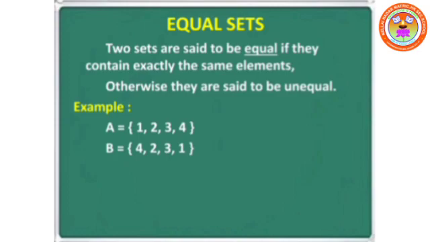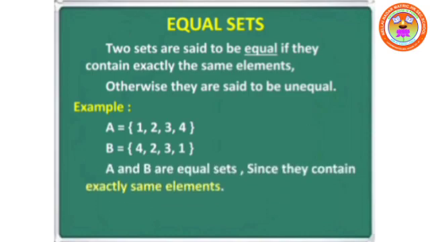See here, the number of elements is equal and the elements are also equal. Only the order changes. Therefore, these two sets are equal sets since they contain exactly the same elements.